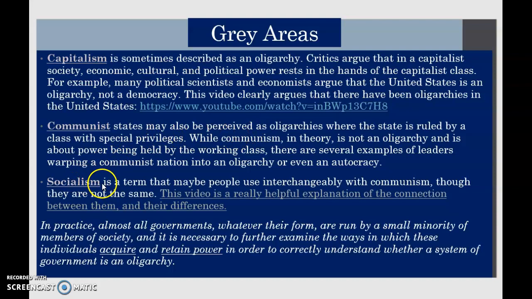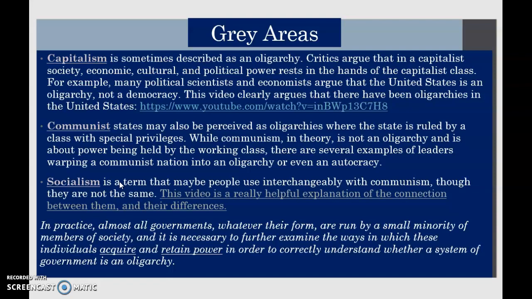So socialism is an economic model that falls between capitalism and communism, and people use it a lot as communism. But it's really a step in between, because it's a society in which the government or the people are in charge of only a few parts of the society.